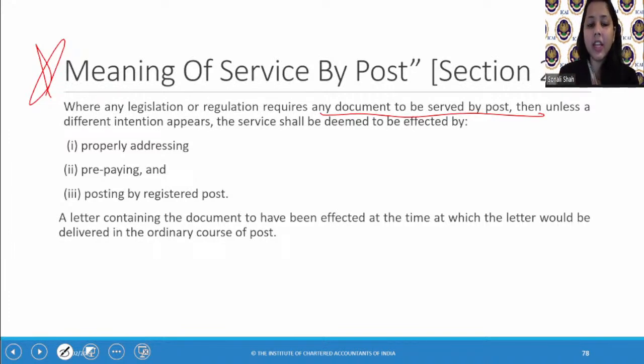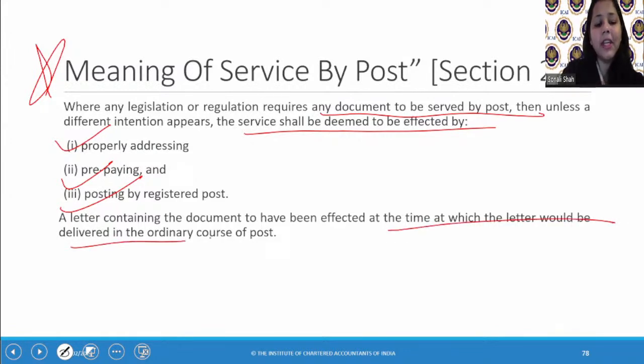So unless a different intention appears, the service shall be deemed to be effected by properly addressing, prepaying and posting by registered post, a letter containing the document, and to have been effected at the time at which the letter would be delivered in the ordinary course of post.